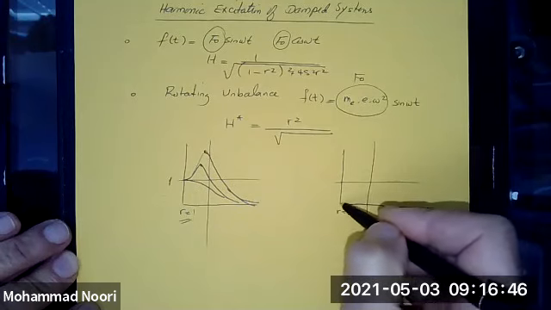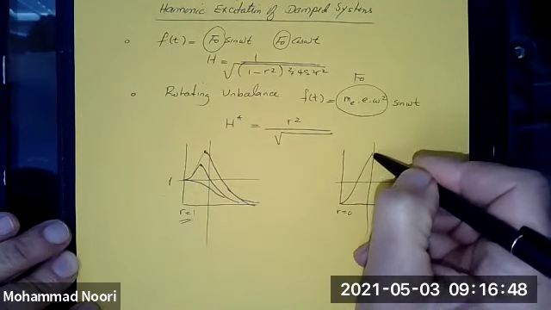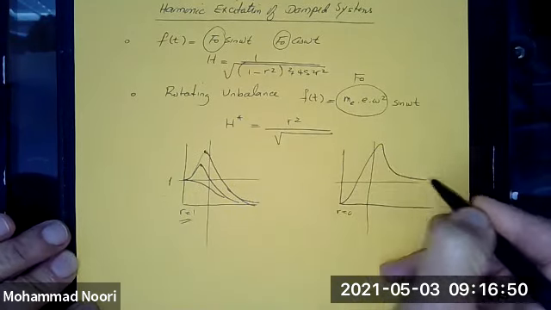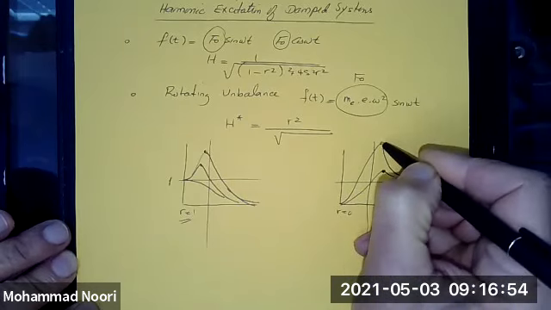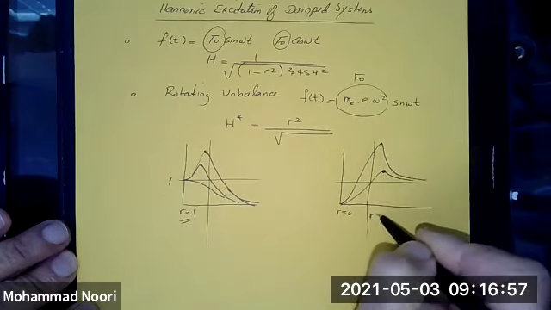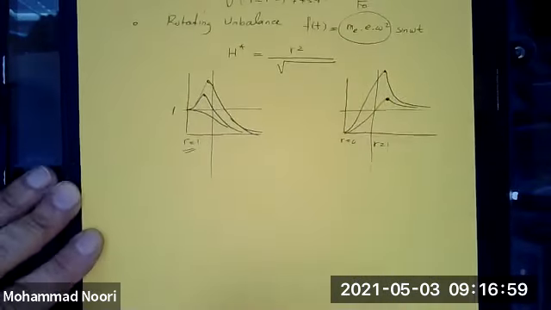Here at r equal to 0, they start at 0. And in fact, you see a shift of the amplitude towards the right of r equal to 1. We discussed all of these.